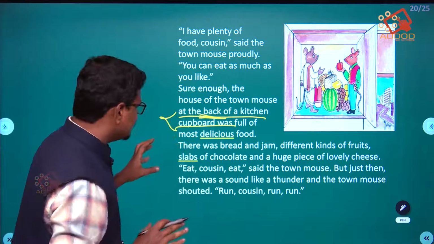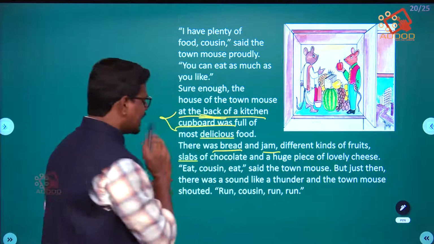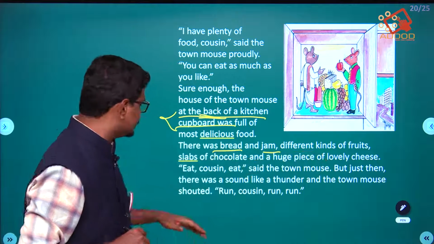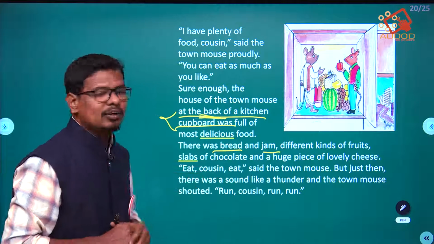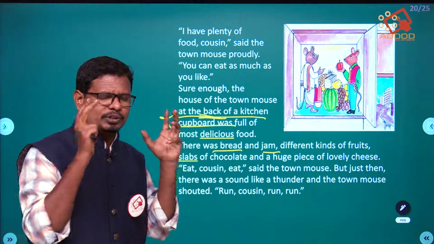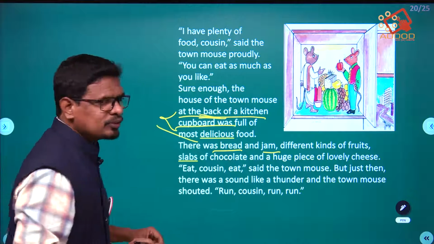Okay, there was bread, jam, and different kinds of fruit, slabs of chocolate, and a huge piece of lovely cheese. "Eat, cousin, eat," said the town mouse. There was a lot of delicious food. But do you think the country mouse is happy to take them?